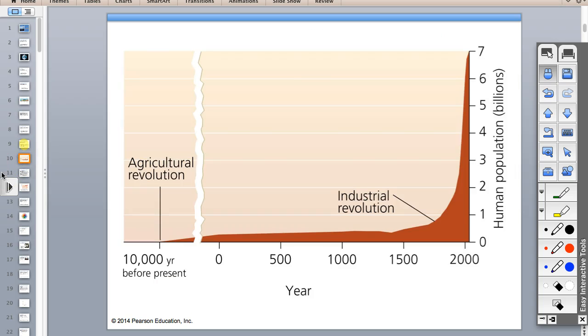So humans or human ancestors have been around for almost 2 million years. If you look at this little graph, it took us until 1800 to get to a billion. So it took us like 2 million years to get to a billion. And then it's taken us 200 years to go from 1 billion to 7 billion.